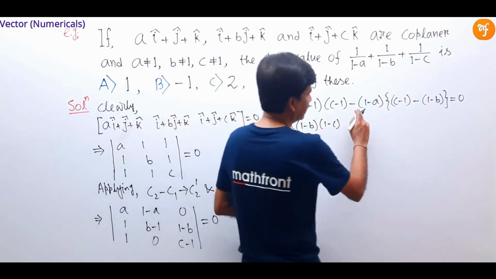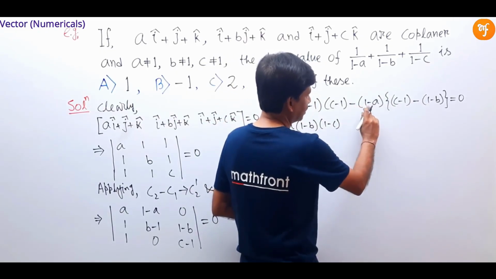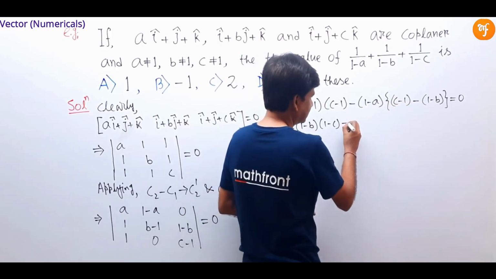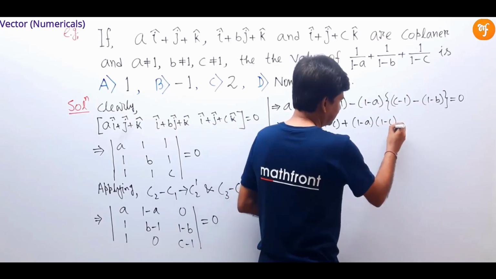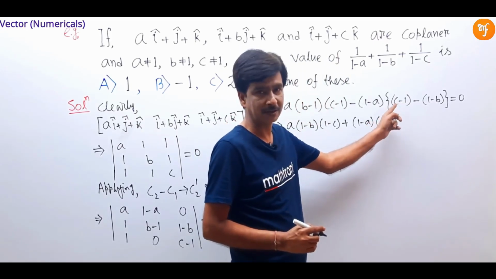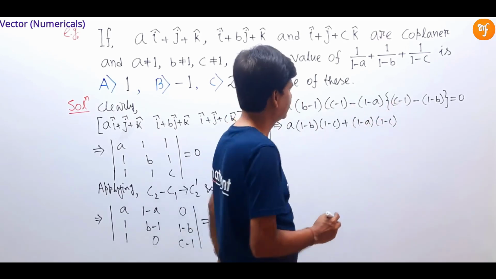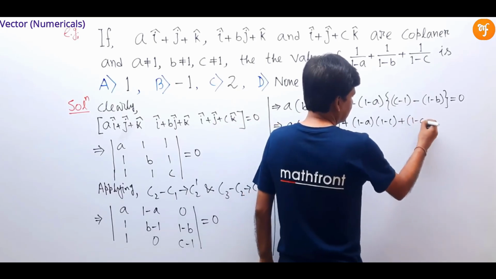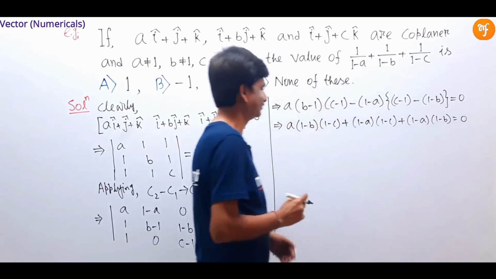Then this portion we can multiply, minus 1 minus a with c minus 1, and directly write it as plus 1 minus a into 1 minus c. Just take common minus from c minus 1, so it will be minus of 1 minus c. So minus minus plus. Again minus minus plus, 1 minus a into 1 minus b is equal to 0.